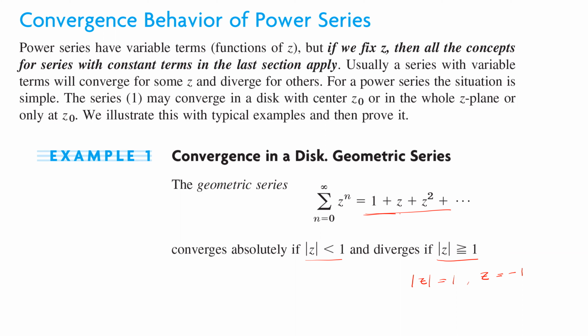It doesn't consider that. It should say diverges if the absolute value of z is greater than 1, not equal. In the equal case, we cannot tell. This is the material from the book.